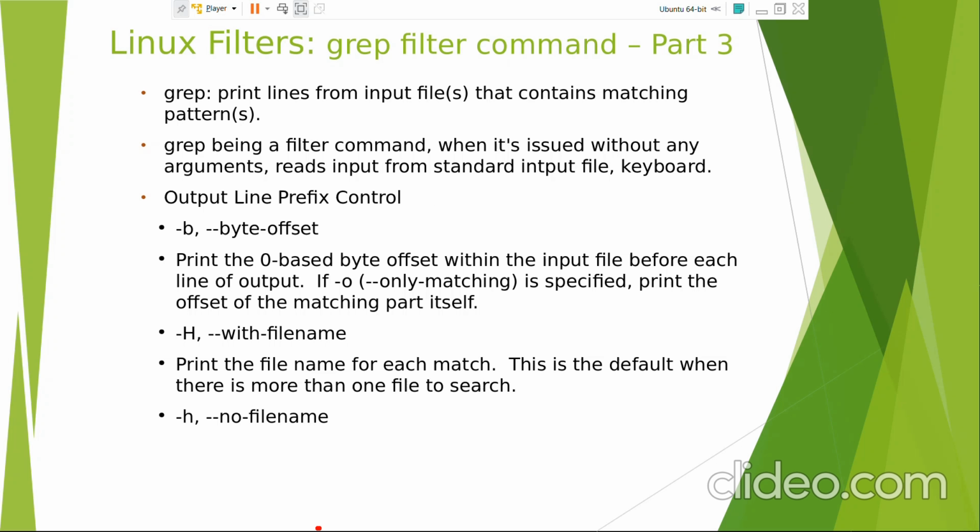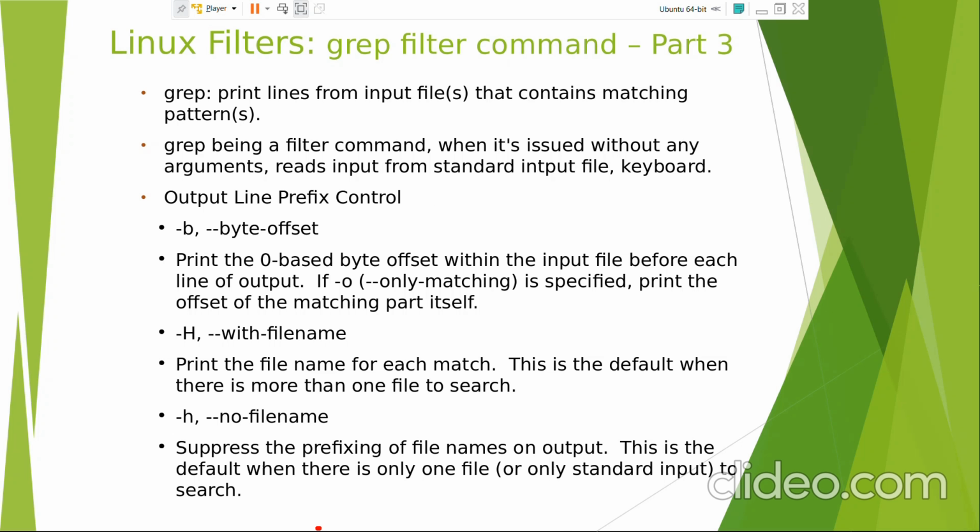Then -h or --no-filename. This is the opposite of the -H option. The -H option will prefix every output line with the file name. What happens if you are specifying a pattern and multiple files? What is the default behavior of grep? It is going to prefix every line with the file name. For example, for the first file, whatever matching lines are there will be displayed, but prefixed with that file name.